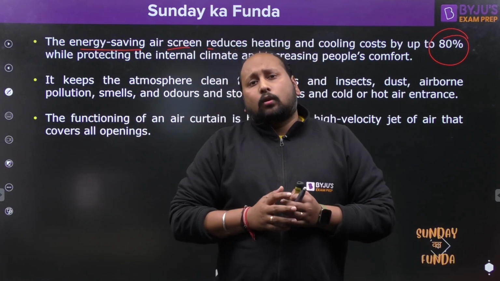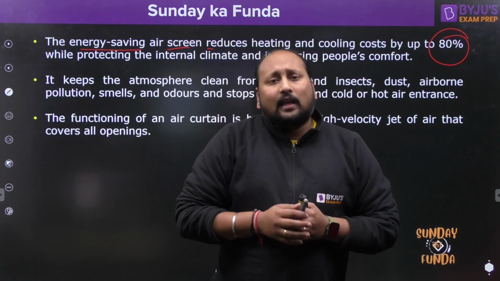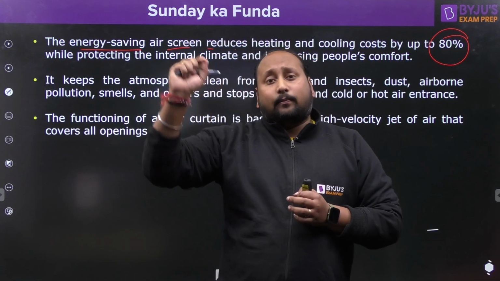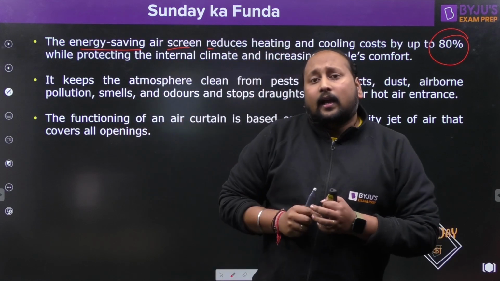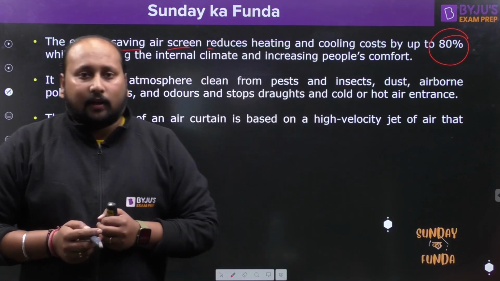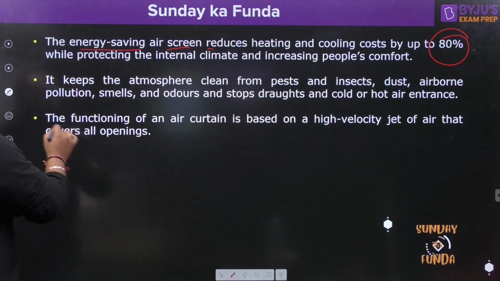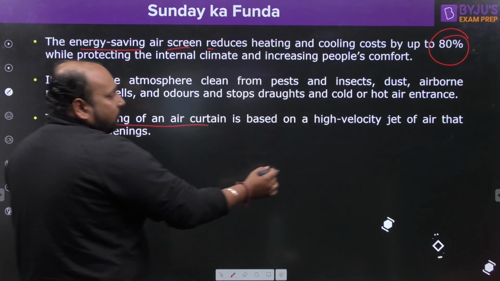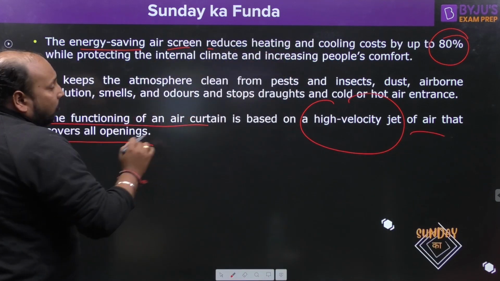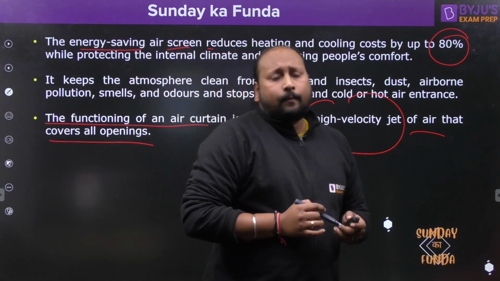By doing so, we are cutting the cost by approximately 80%, and we also maintain the clean inside temperature for a longer duration. The functioning of an air curtain is based on a very high velocity jet of air that covers the exit or entry, right?